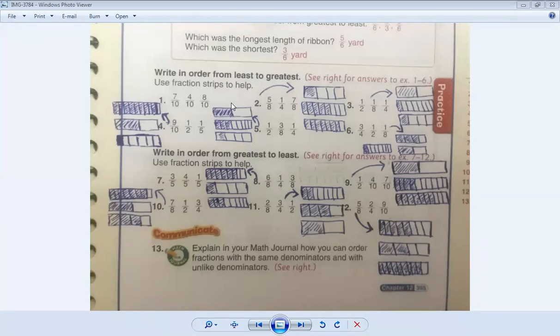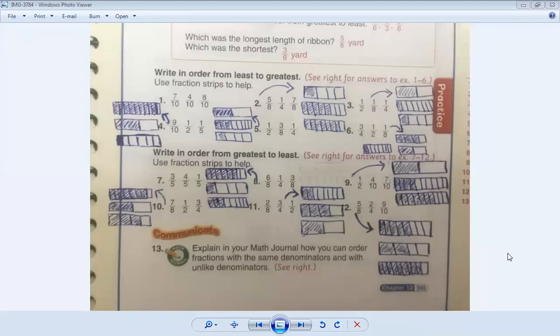Who can tell me, or who can order from least to greatest? Page 395. Yalla, from least to greatest. Write the answer. I said if I have the same denominator, you have to look at the numerator only. Because same denominator.